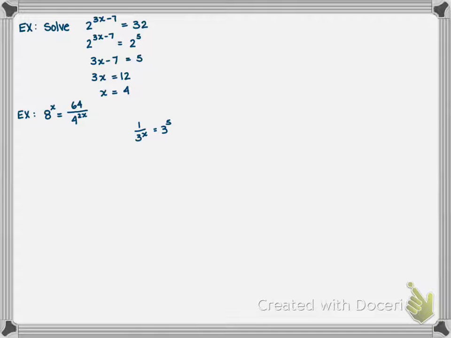It's 1 divided by an exponential expression, right? Just like 5 times 3 to the x is not just 3 raised to some power, 1 divided by 3 to the x is also not a single exponential expression. It's got another operation going on. So we have to have ways of bringing things up out of the denominator.